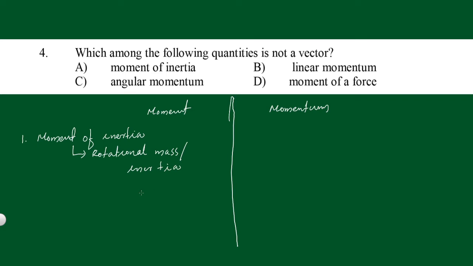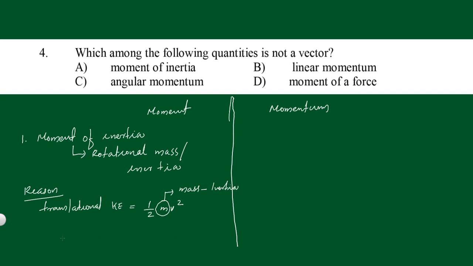Why is it called rotational mass or rotational inertia? The reason is here. Now we consider translational kinetic energy. Translational kinetic energy is equal to half m v square, where m is the mass, which is related to inertia.